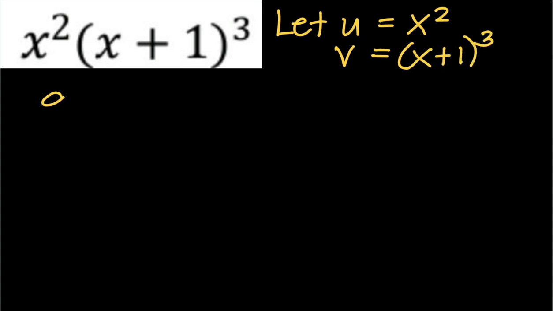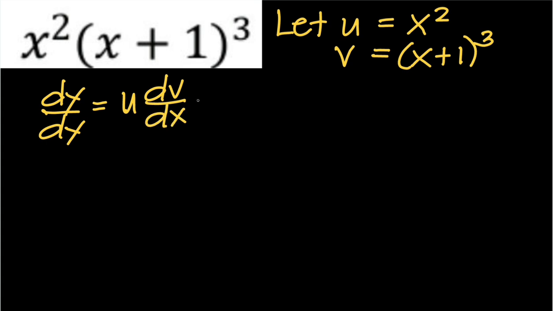And recall that the product rule, dy over dx, is just u times the derivative of v with respect to x plus v times the derivative of u with respect to x. Now let's apply that to the given function here. Let's first find the derivative of u.